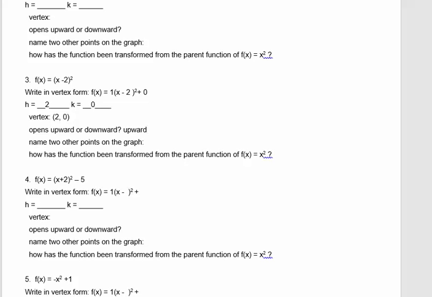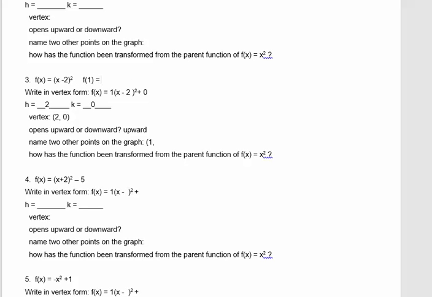And now I have to name 2 other points on the graph. We could graph this and look at the points, or we can pick some values for x and y. Let's see what we would get when x equals 1. When x equals 1, I'm going to put a 1 in here.